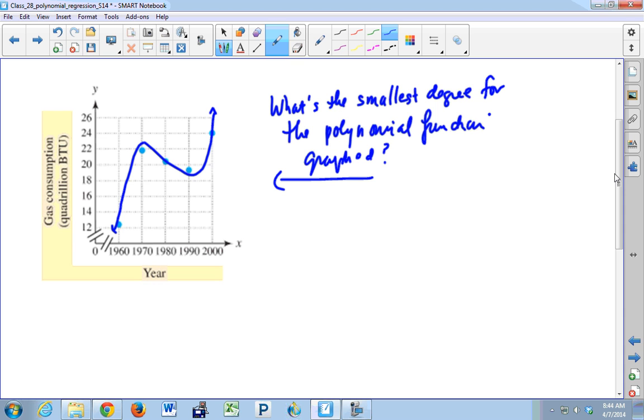What's the smallest degree for the polynomial that would be represented by this graph? What would you say? And how would you determine it? So the smallest degree. Okay. You think this could be 1? Okay.